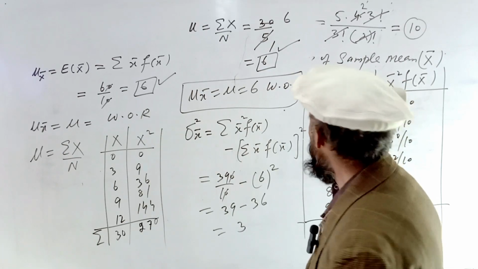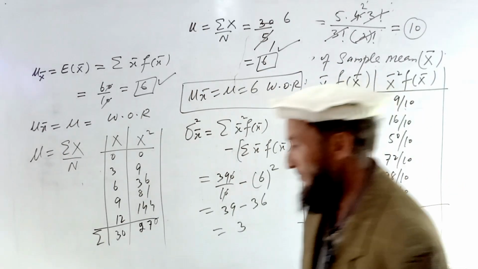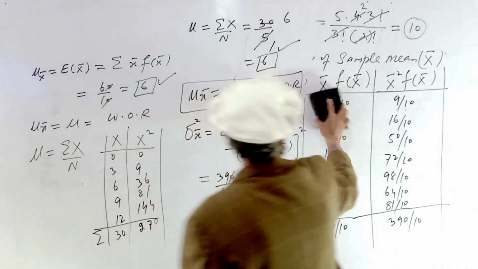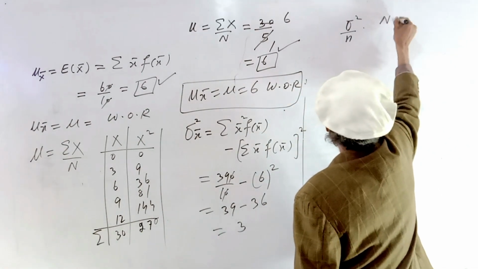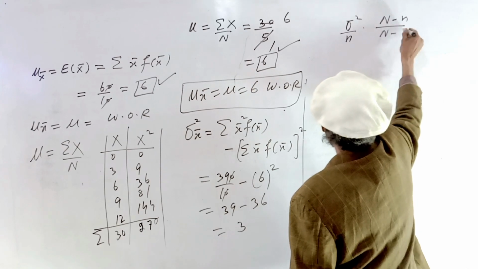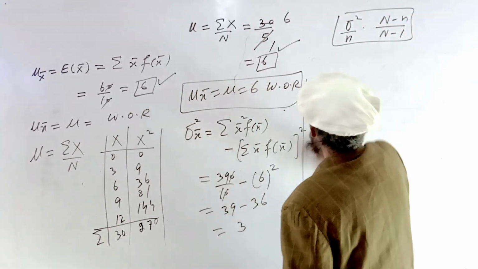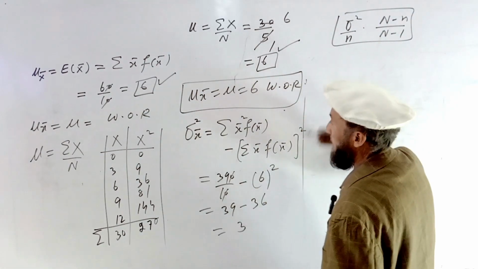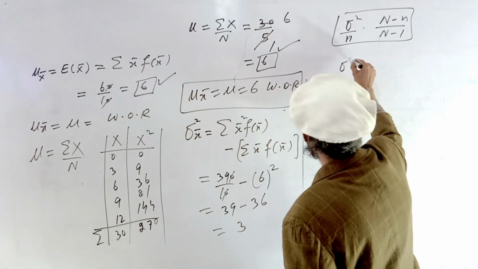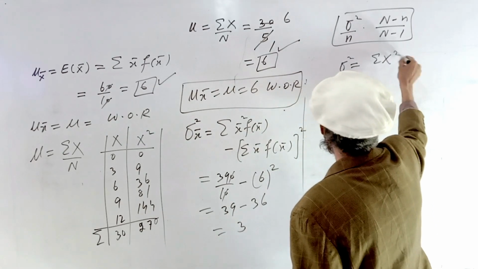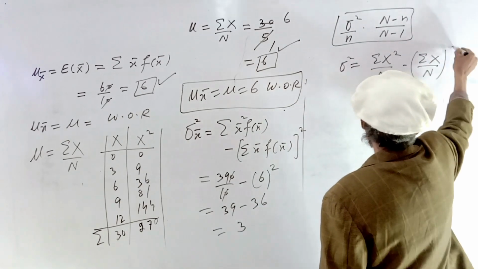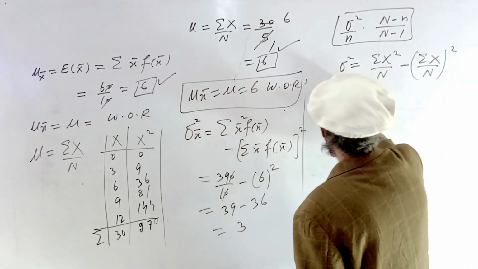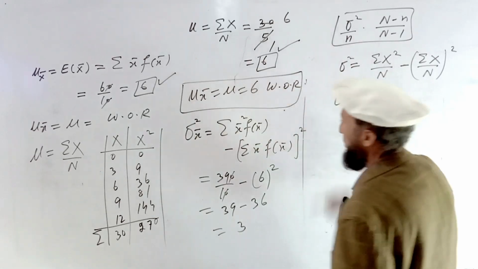Now for the population we are checking here sigma square divided by n times capital N minus n divided by capital N minus 1. This property we want to prove here. Sigma square is required. First of all, we find sigma square equal to summation x square divided by N minus summation x divided by N whole square. This is the formula for sigma square.